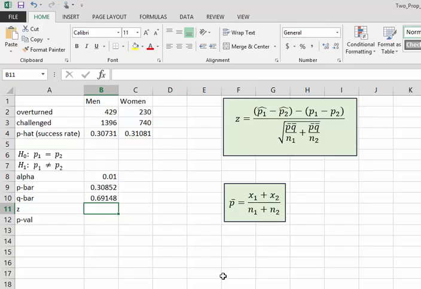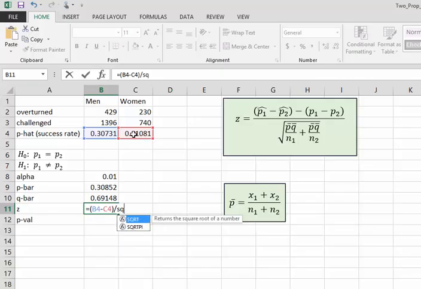So the z-score is equal to the difference between sample proportions, right? P1 hat minus P2 hat divided by the square root. Again, remember the reason that I only have those in the numerator is because I'm assuming P1 equal to P2, so P1 minus P2 would be 0.